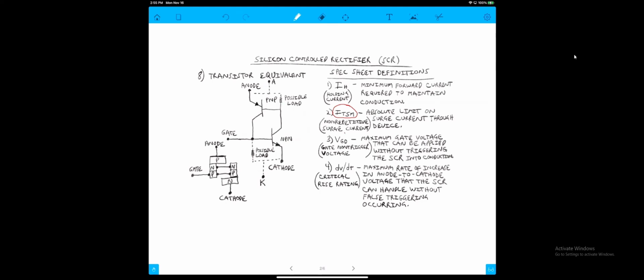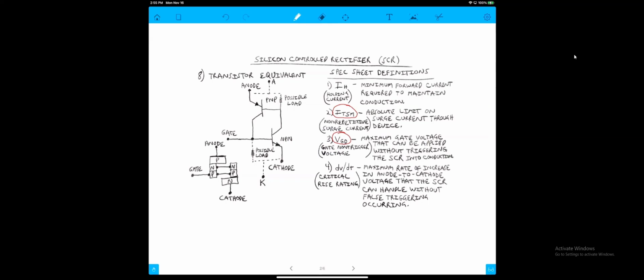The VGD here, which is our gate non-triggered voltage, is the maximum gate voltage that can be applied without triggering the SCR into conduction. So whatever is on the spec sheet will be the rating for that one SCR, because there are a lot of different variables for SCRs.